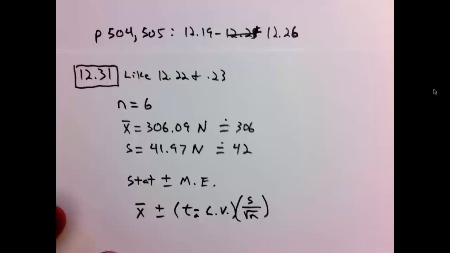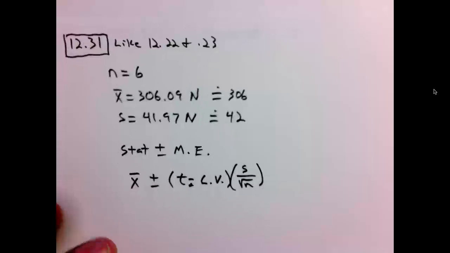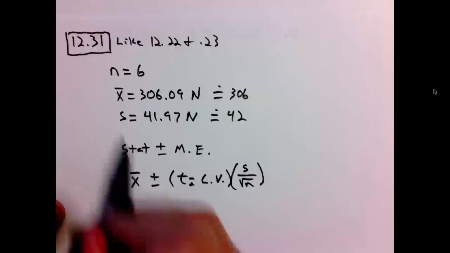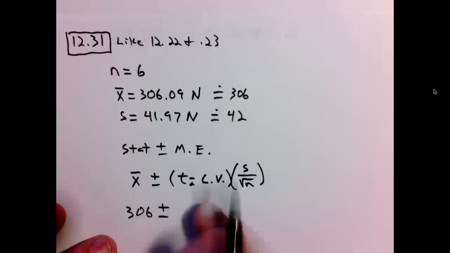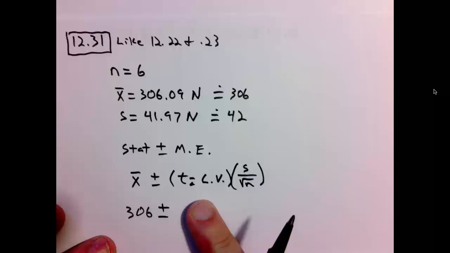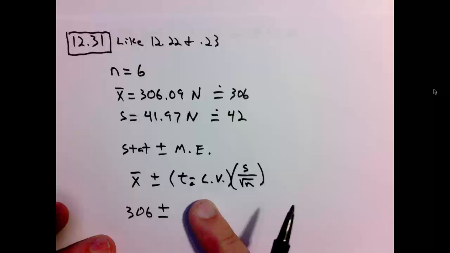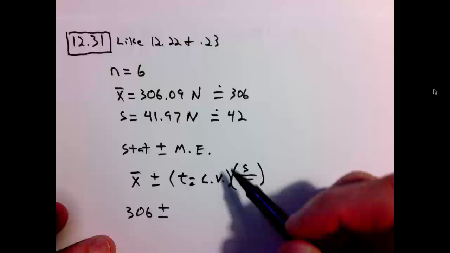Alright, well we have all these ingredients in this case. Our x bar is 306. That's where our interval is going to be centered. Plus or minus. This t critical value is a function of our degrees of freedom and our confidence level. It doesn't give us any confidence level.